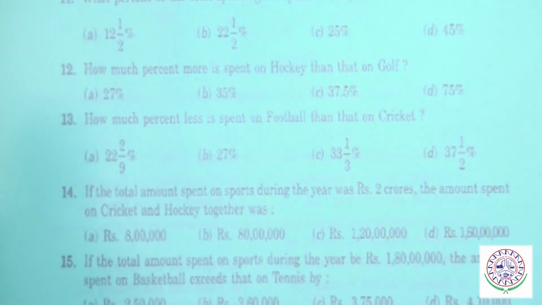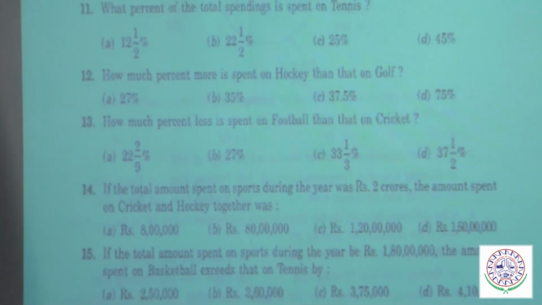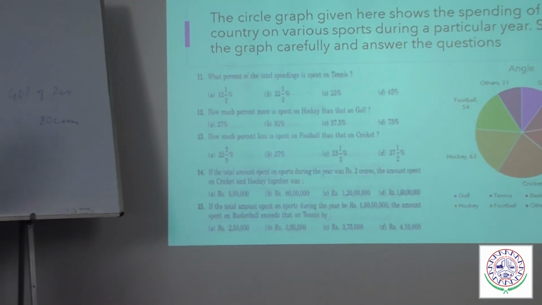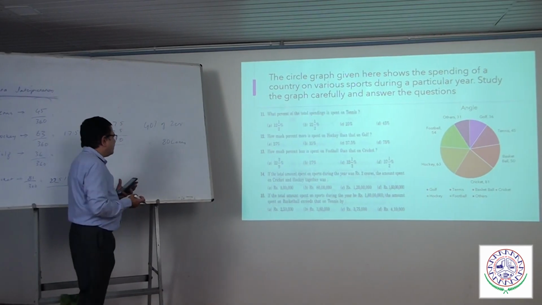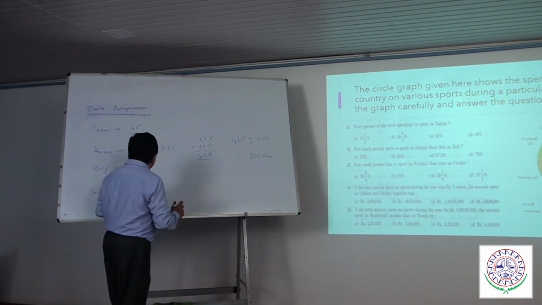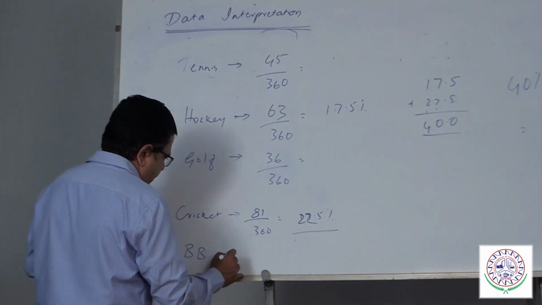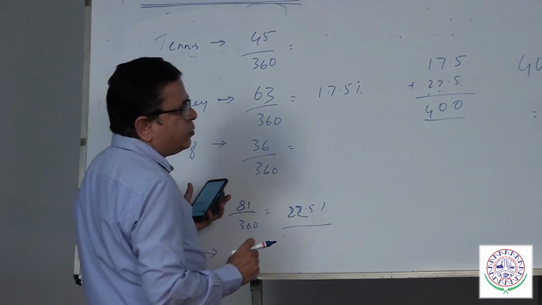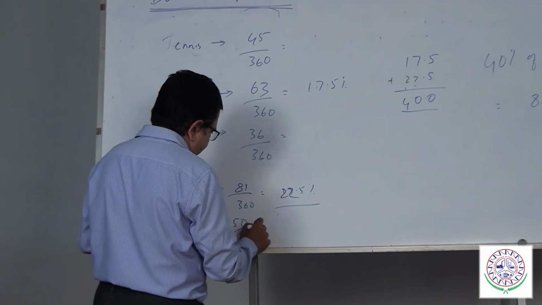B. Now if the total amount spent on sports during the year is 1 crore 80 lakhs, then the amount spent on basketball exceeds tennis by. Okay. So first we will take basketball. Let's see what is the ratio of basketball. What is that? 50 out of 360.